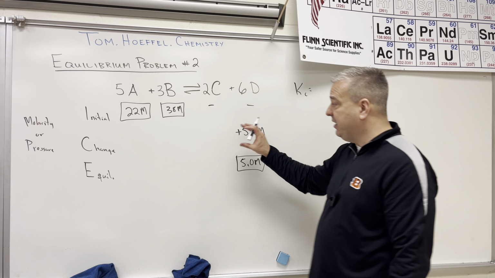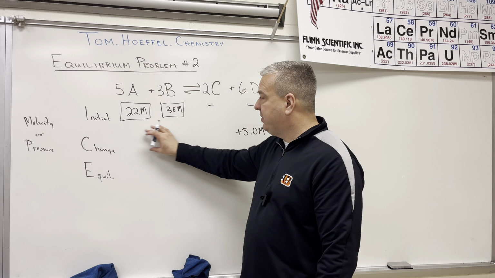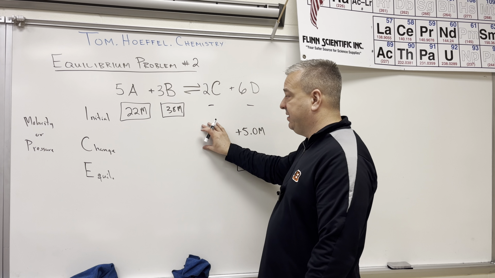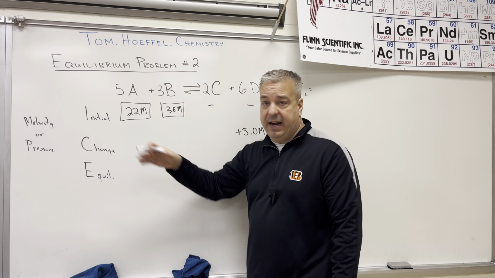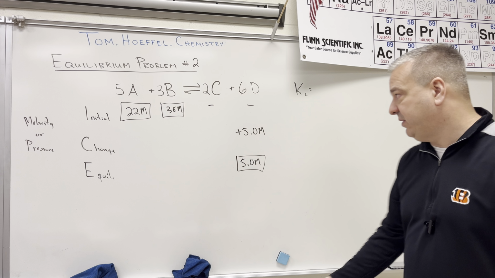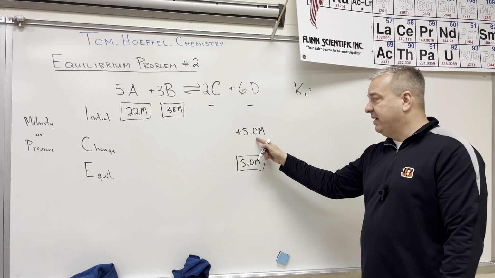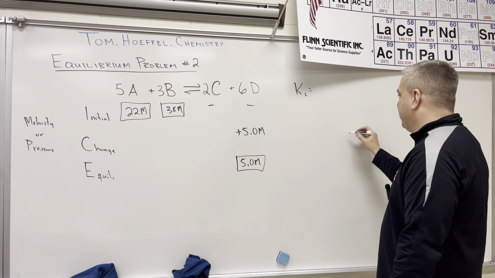I'm going to do some mole-to-mole conversions to convert D into C, into B, into A to figure out all their changes. I'm always using this as my given, so I'm going to start over here.